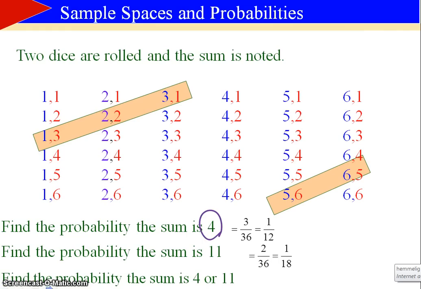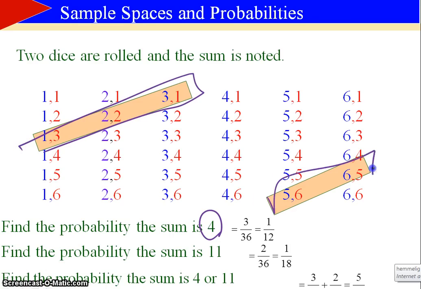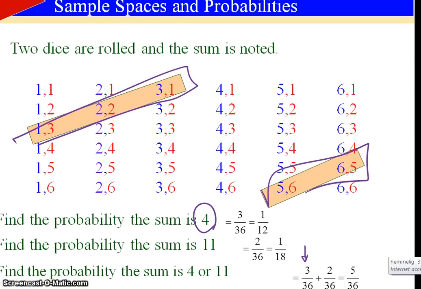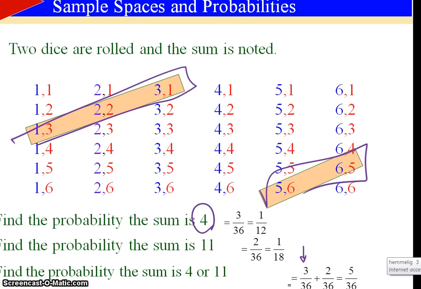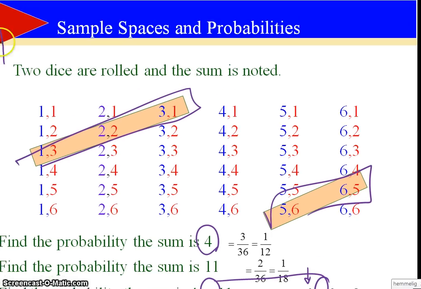The probability that the sum is 4, there were those 3 ways, and the sum is 11, there are 2 ways, so it's 3 over 36 plus 2 over 36, or 5 over 36. Or translates to add. Okay, so now we are ready to move on to the next slide.